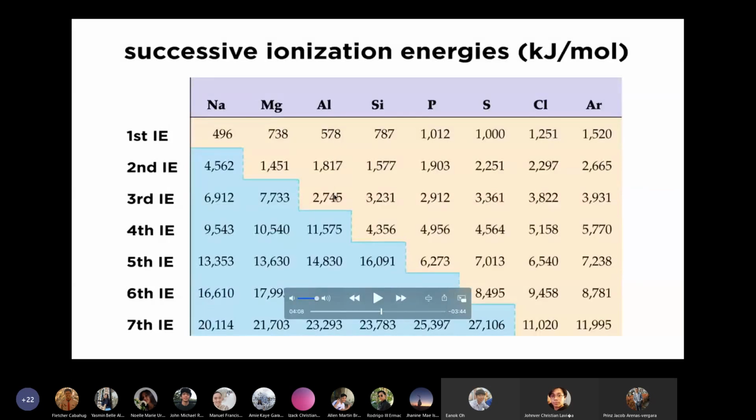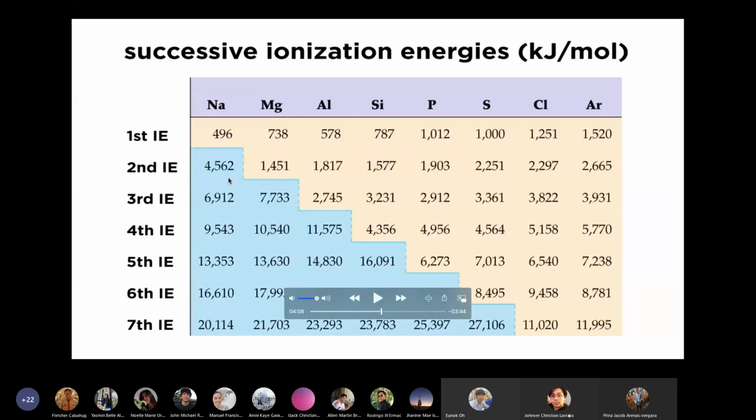I'd like you to notice something. Look at the gap between the border lines between the beige or the orange and the sky blue values. From 496, it suddenly became 4,562.